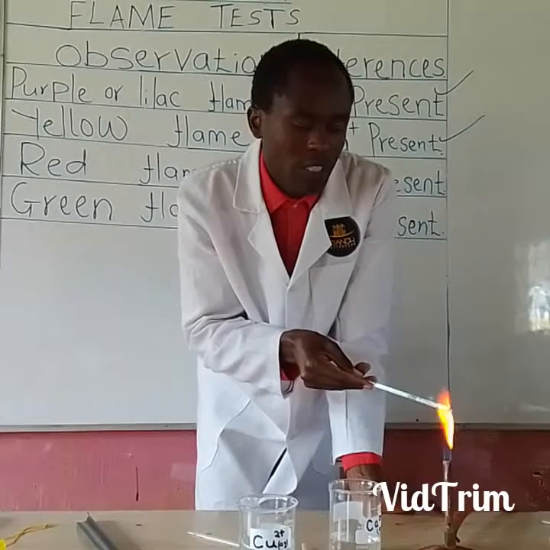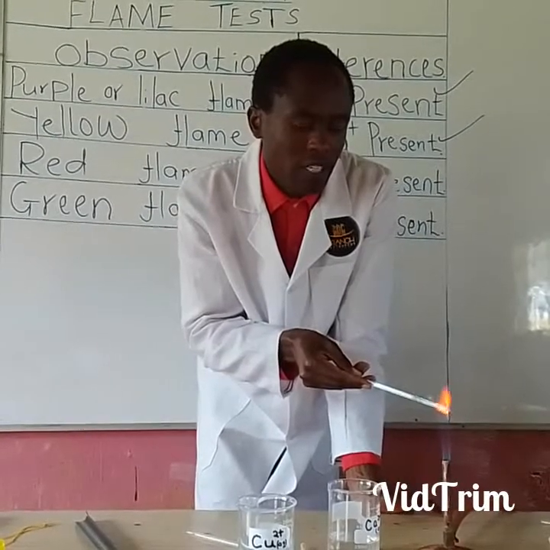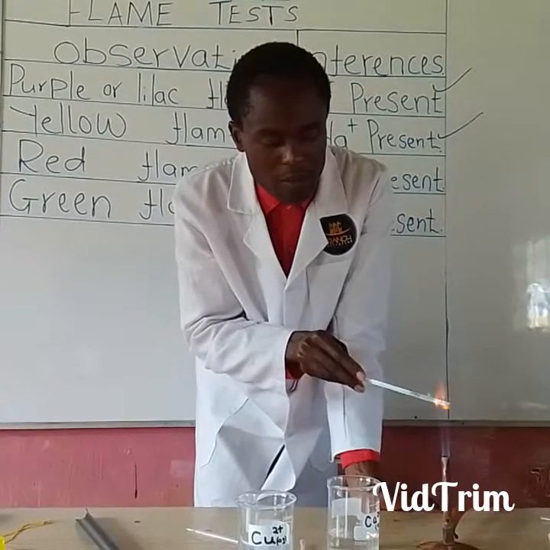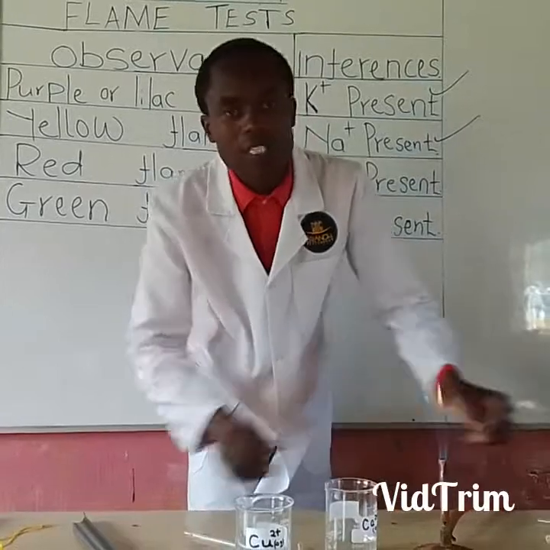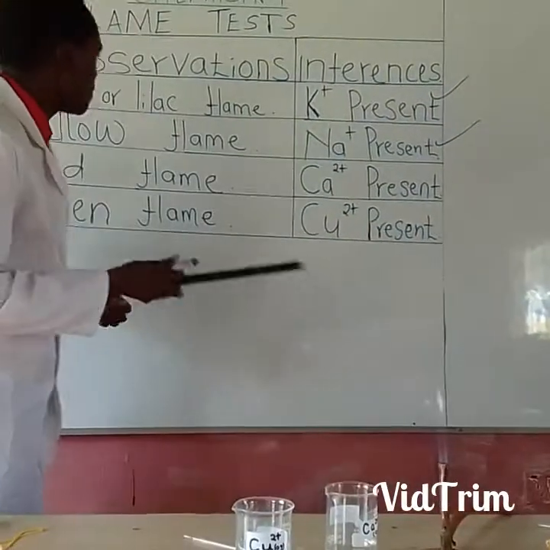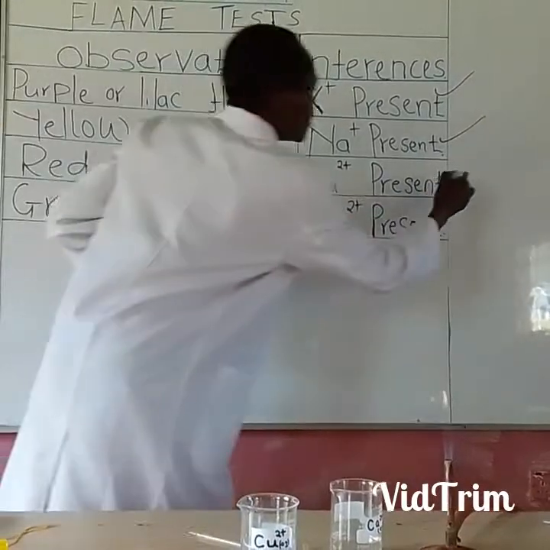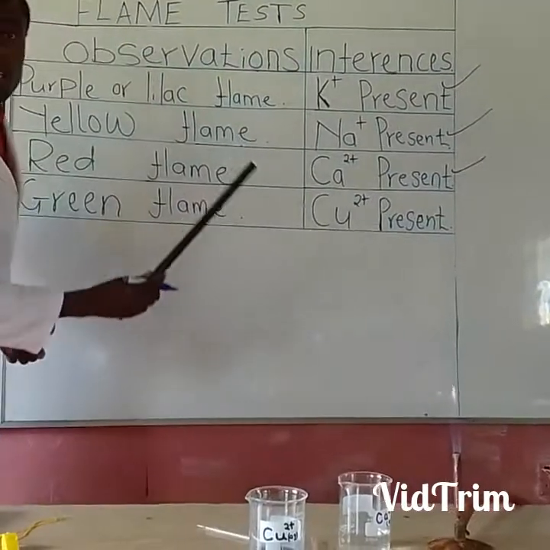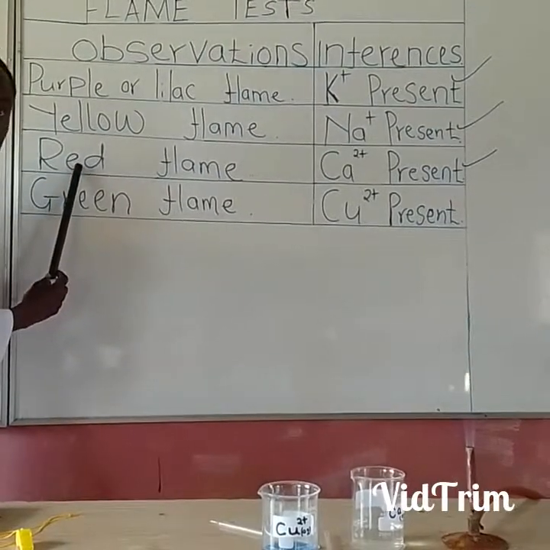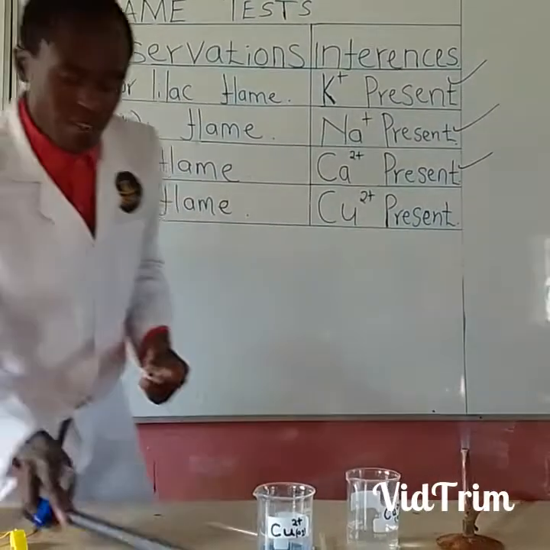It is very clear, a red flame, indicating the presence of calcium ions. So, thereafter, I have to put a tick because we have observed that calcium ion burns with a red flame. Is it okay? Thank you.